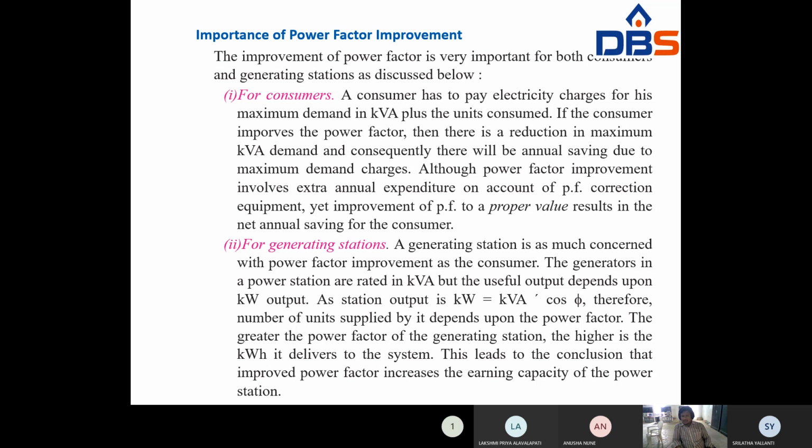Therefore, the greater the power factor of the generating station, the higher is the kilowatt-hour delivered to the system. Improving the power factor increases the earning capacity of the power station. That means in a generating station, to use more we must increase kilowatt. If the power factor increases, kilowatt also increases. If the power factor decreases, kilowatt decreases. That's why power factor is the basic factor.